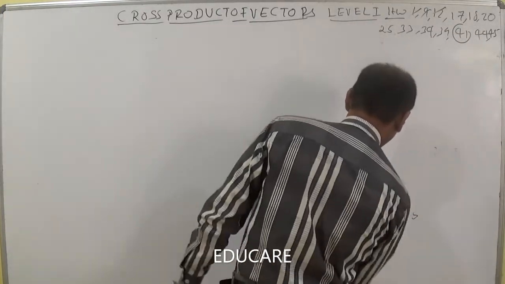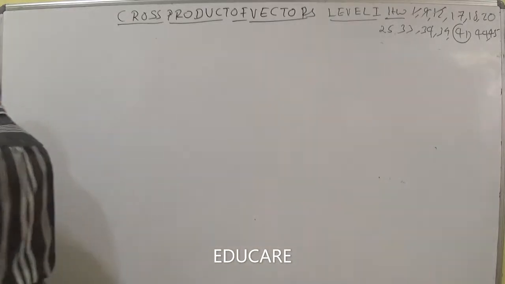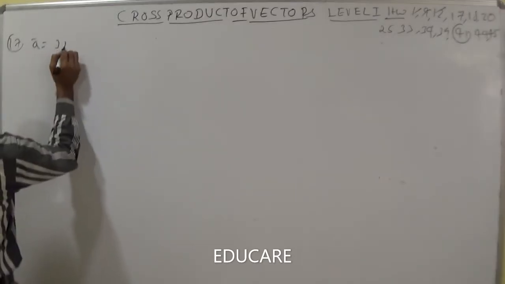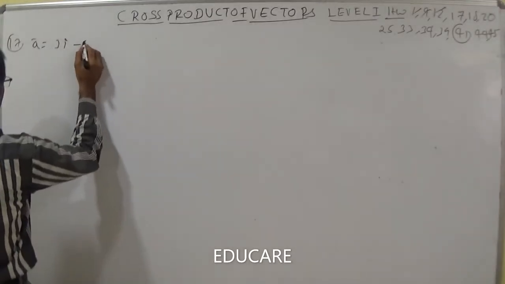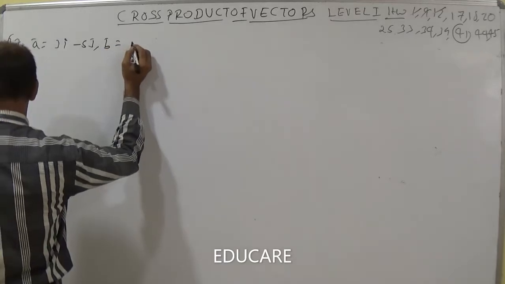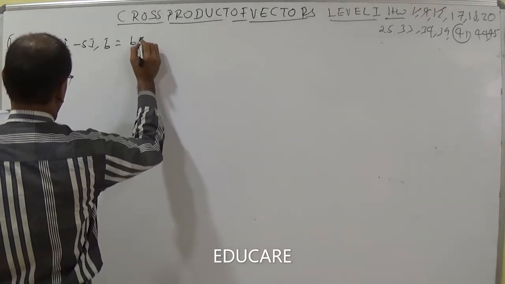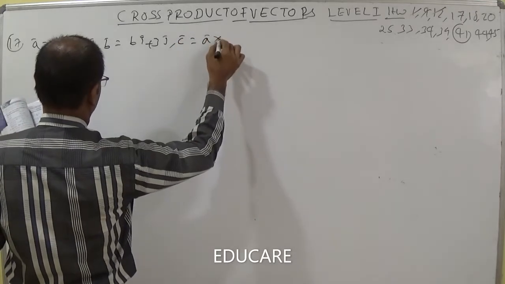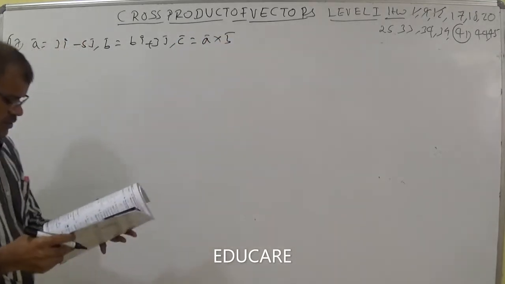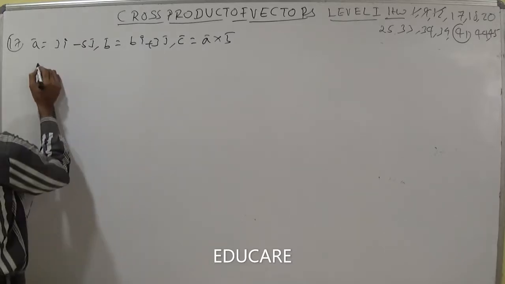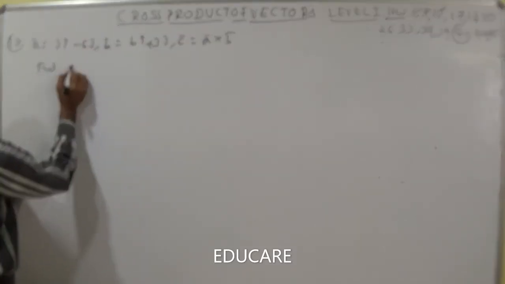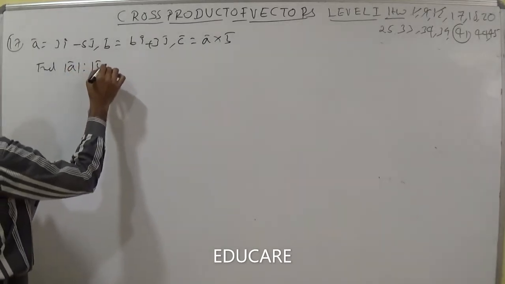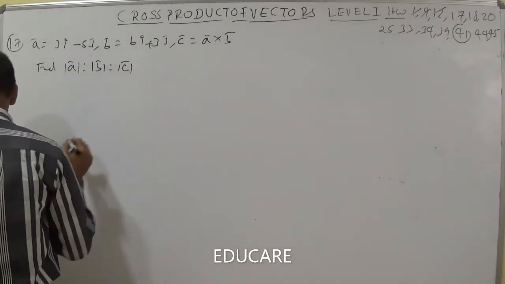It is an easy question. Then find modulus of A bar is to modulus of B bar is to modulus of C bar.